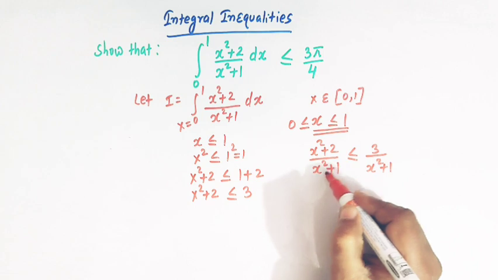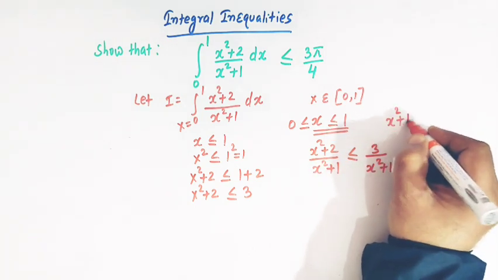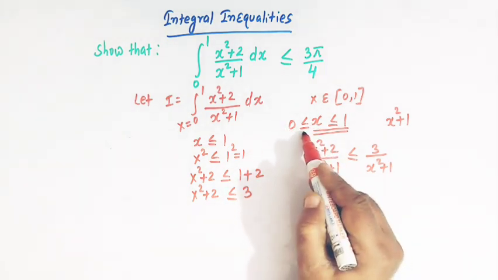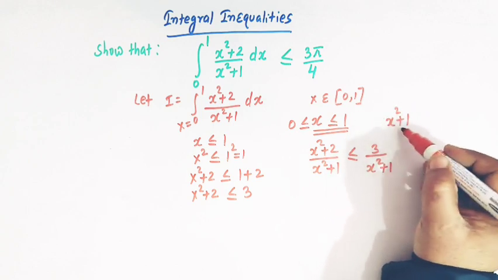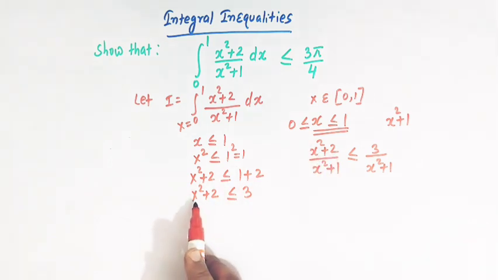One thing is very important: x² + 1 is never equal to 0, because x is greater than or equal to 0. So there is no issue in dividing this inequality on both sides by x² + 1.